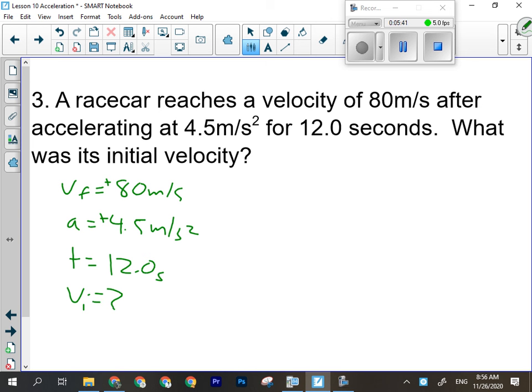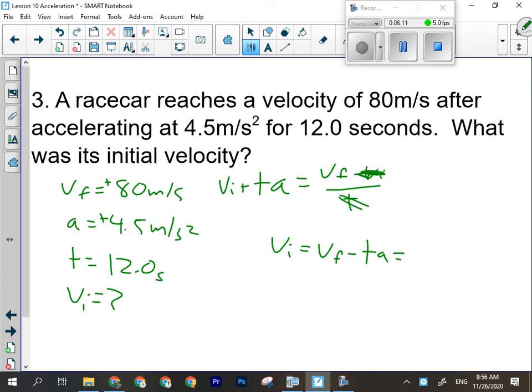Okay, so we have a equals vf minus vi over t. So this is the most involved manipulation of this formula that you have. All right, so we're going to first multiply both sides by t. Then we're going to add vi. Okay, and then we're going to subtract t times a over to this side, which will leave us with vi equals vf minus the change in velocity.